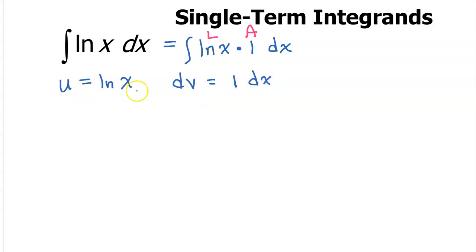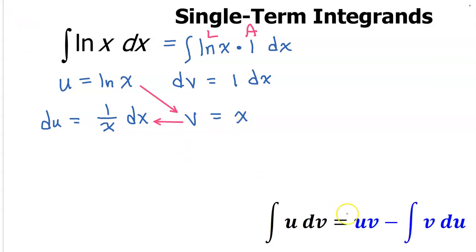Taking the derivative of both sides gives us du is equal to 1 over x dx. Integrating both sides, we get v is equal to x. Now we set up the integration by parts formula. U times v is natural log x times x, which I will write as x natural log x.